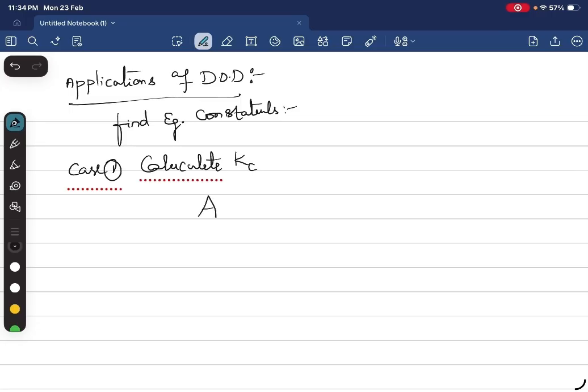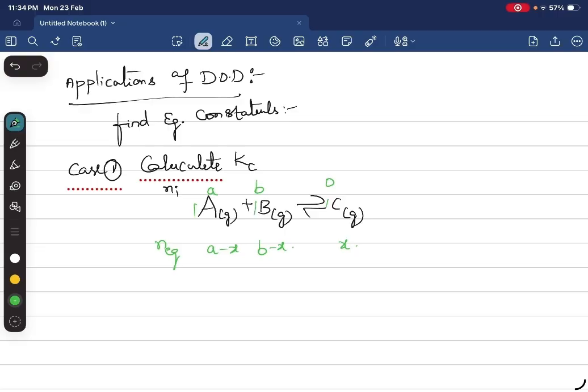So here A plus B gas gives rise to C. Here initial moles we can take as A, B and 0, and the number of moles at equilibrium will change. Let us take x. So A minus x, because coefficients everywhere are 1, 1, so B minus x, and the concentration at equilibrium we can write.